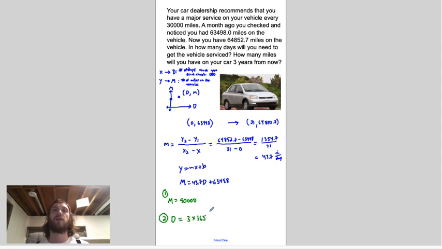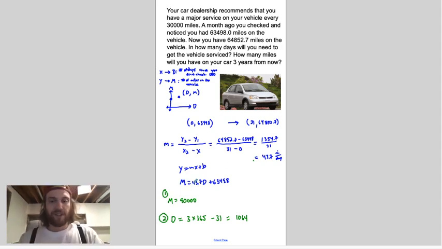But remember, we have to subtract 31 from that because we're already 31 days past when we started. So 3 times 365 minus 31 is 1064. You're going to plug d equals 1064 into this equation, and it'll give you the mileage that will be on your car 3 years from now.